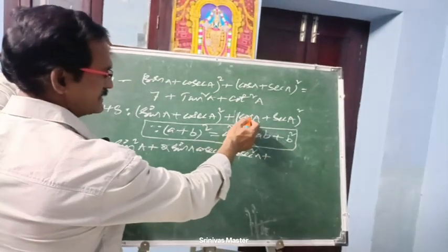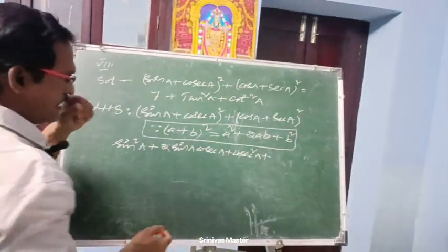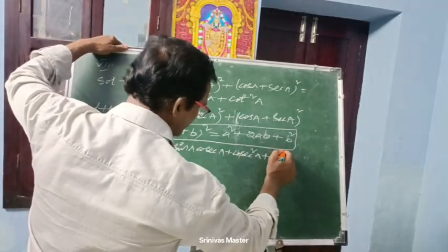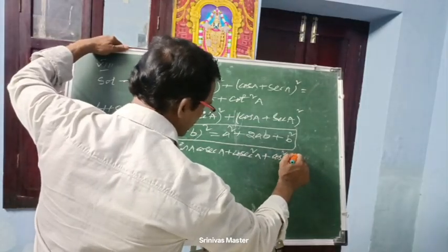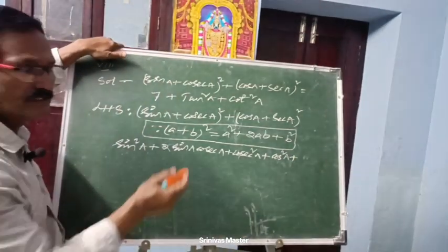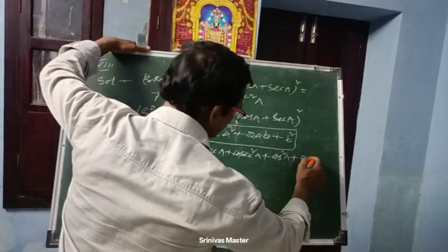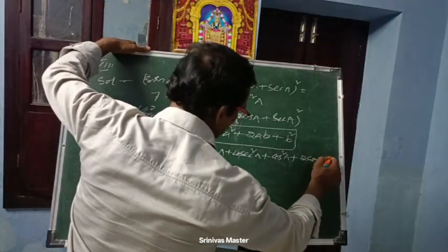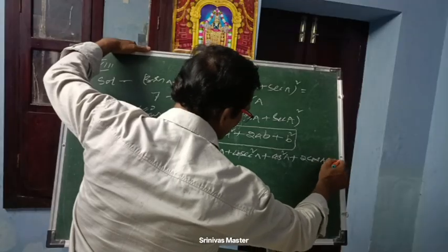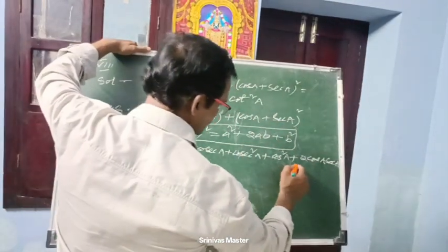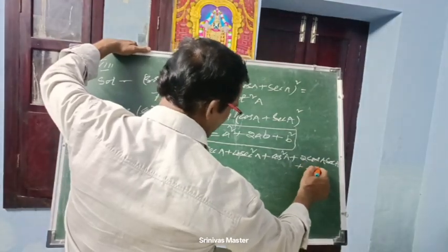In this place A is cos A and B is sec A. A square means cos square A, plus 2AB means 2 cos A sec A, plus B square, which is equal to sec square A.